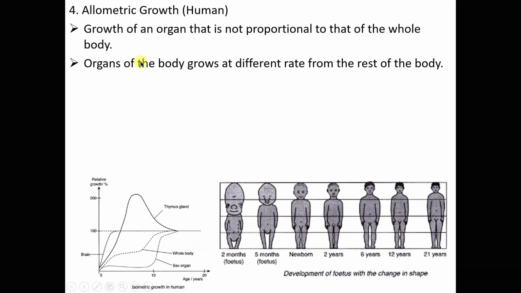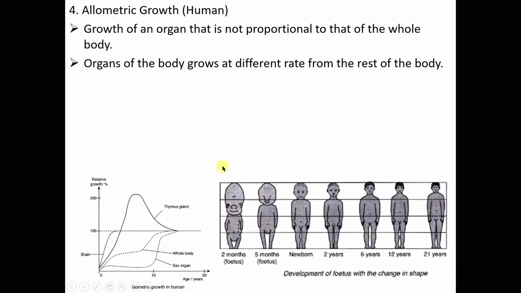Now, allometric growth is the growth of an organ that is not proportional to that of the whole body. Meaning to say, organs of the body will grow at a different rate from the rest of the body. You can see here from fetus to adolescent, the fetus has a larger head compared with the body.